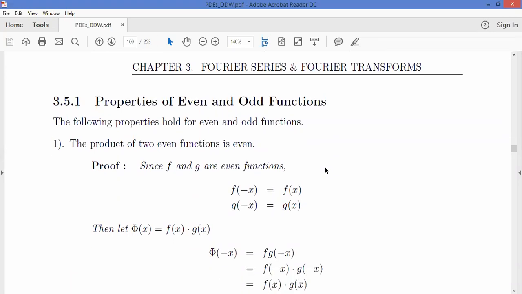Right. Properties of even and odd. Clearly here there is nothing big. A negative is associated with a function being odd. A positive is associated with a function being even. Even in linear algebra 1, you did this kind of verification.